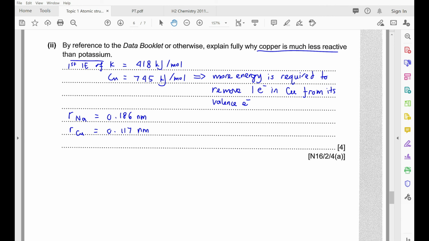We all know that as we go down the group, the radius of an atom increases because more electron shells are occupied. So the radius of potassium must be larger than the radius of sodium, which is larger than the radius of copper. So copper here is less reactive for a few reasons.